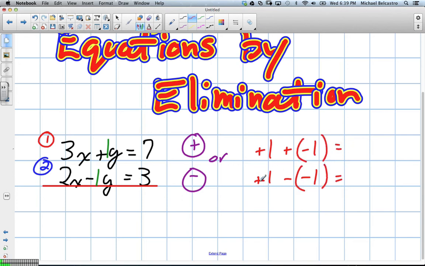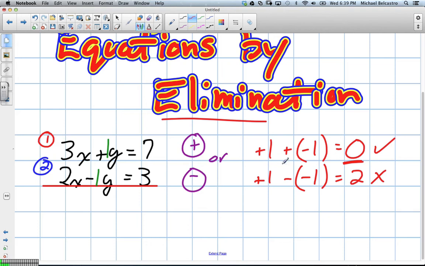Positive 1 plus negative 1 is 0, so that one is probably going to work. Let's test the other one. Positive 1 subtract negative 1 is 2. Not going to work for us. We need them to eliminate, hence the elimination title.